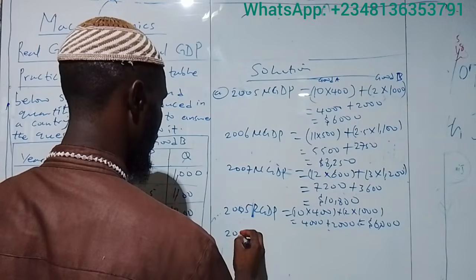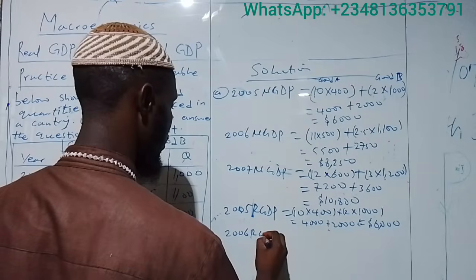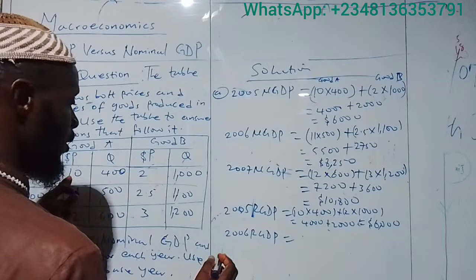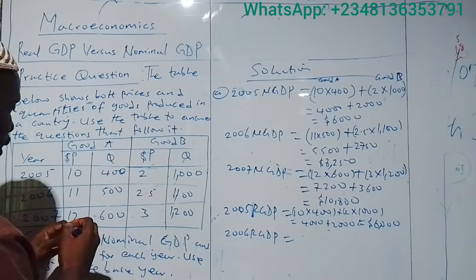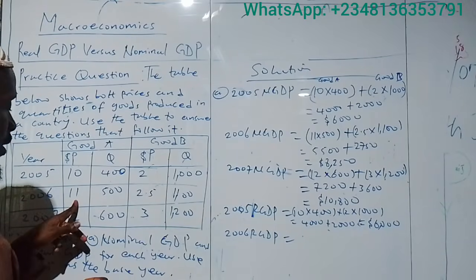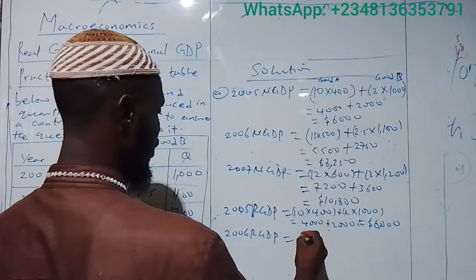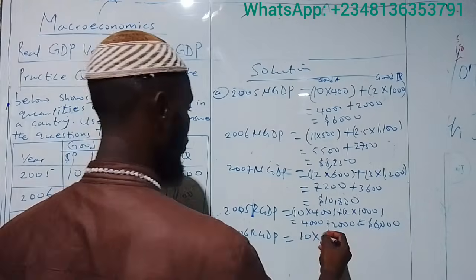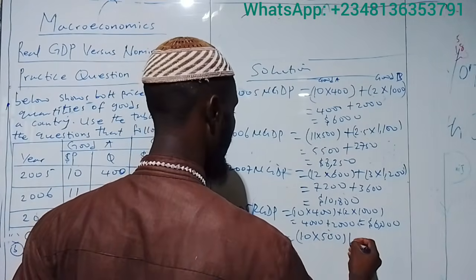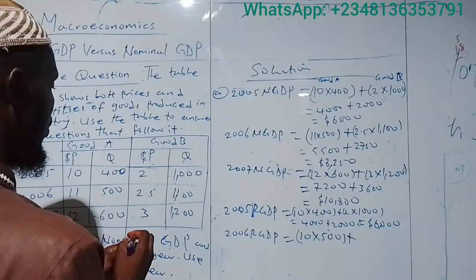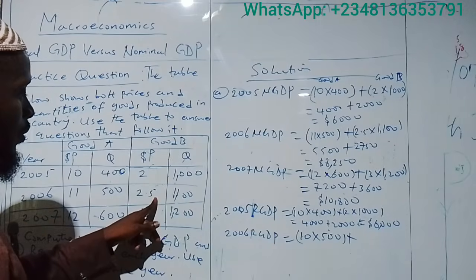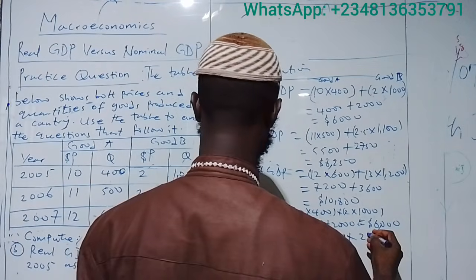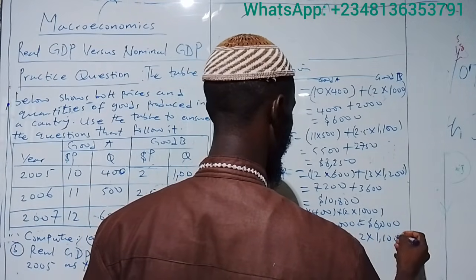Now 2006 real GDP. So I will use the price in the base year instead of the price in that current year. Here I have 10 multiplied by, but I'm going to retain the quantity for that good, I have 500. Then plus, I move to the second good. Instead of using 2.5 US dollars, I will use the price in the base year, so I will use 2. So I have 2 multiplied by 1,100.